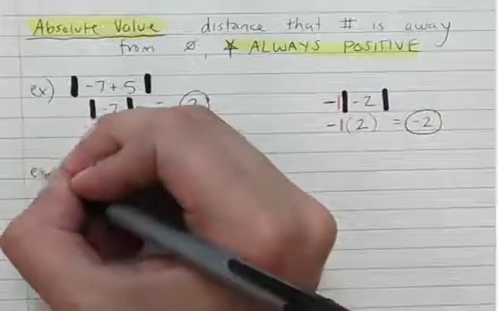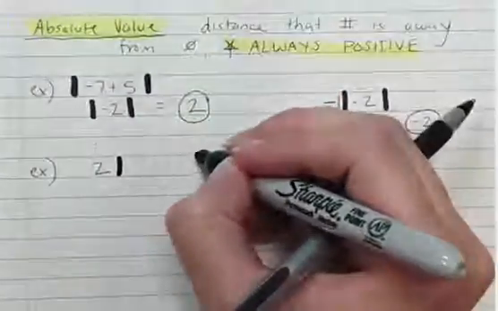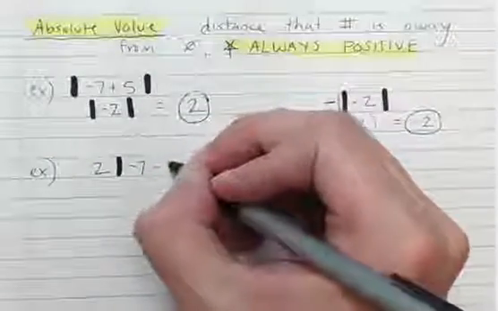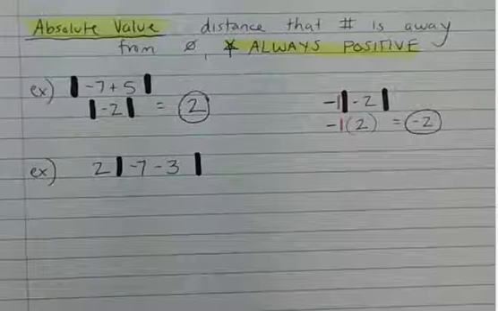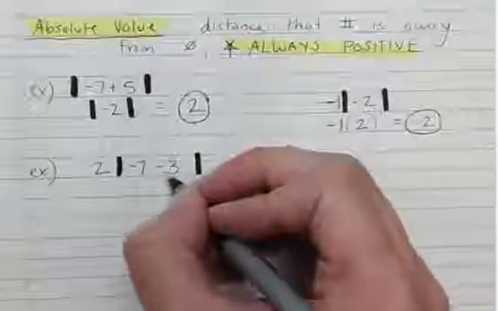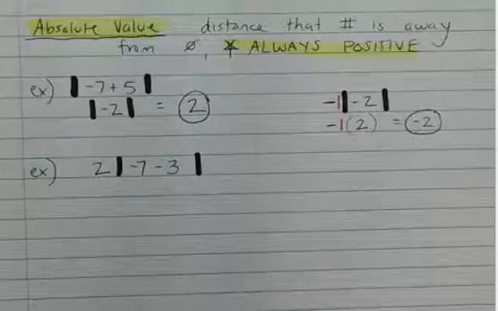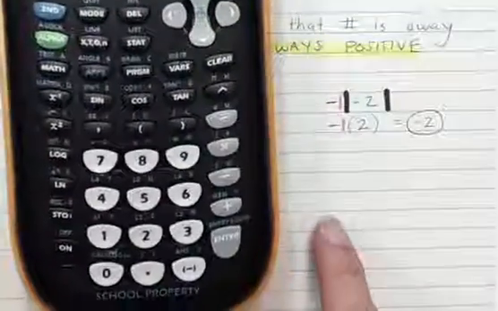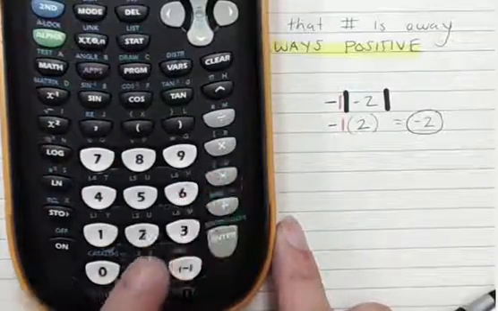Okay, let's try this one. Let's have 2 absolute value bars of -7 minus 3. Inside of the bars I need to simplify, so I could keep it, change it, or I can use my calculator. Again, the negative symbol is down here, -7 minus 3.